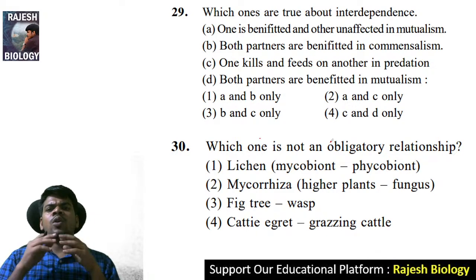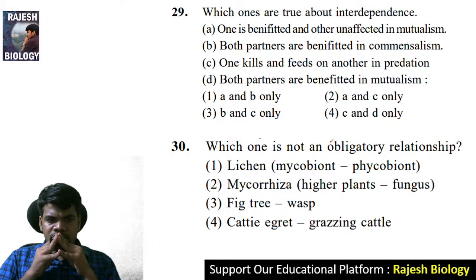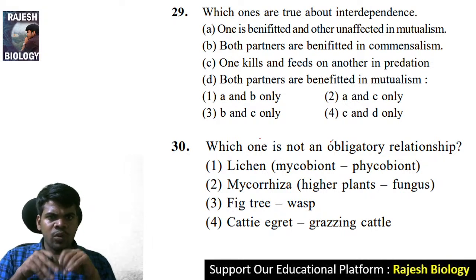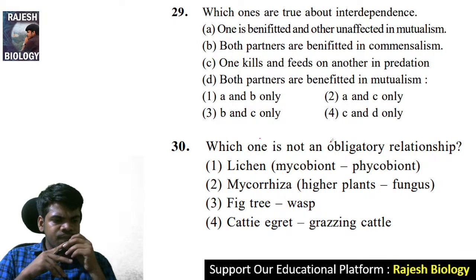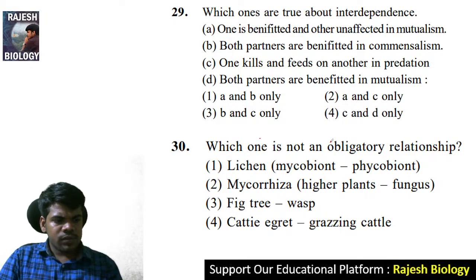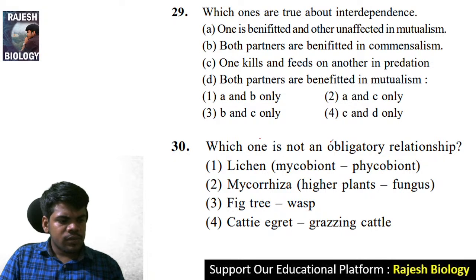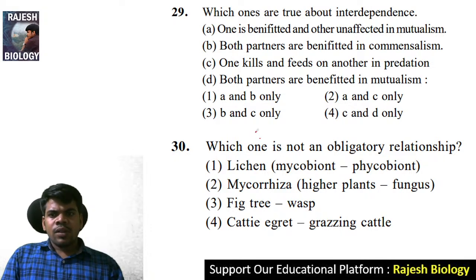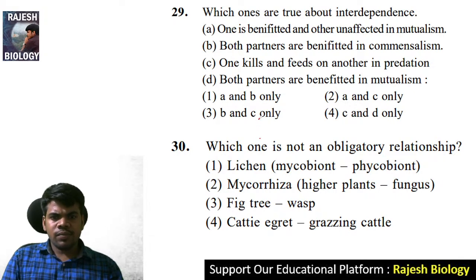Which ones are true about interdependence? Yes, correct, Chinnu and Ganeshwari. Come to the 29th and 30th questions. C and D only, or A and B only, A and C only, or B and C only?